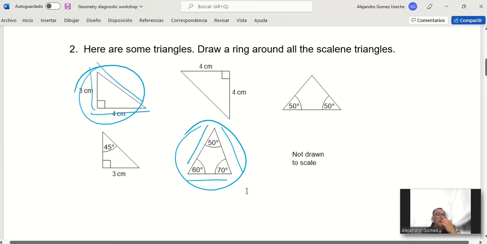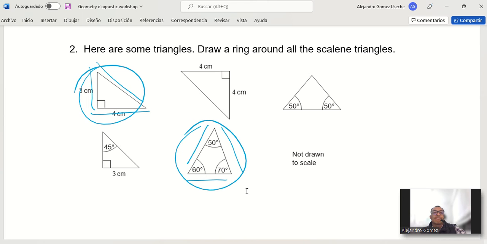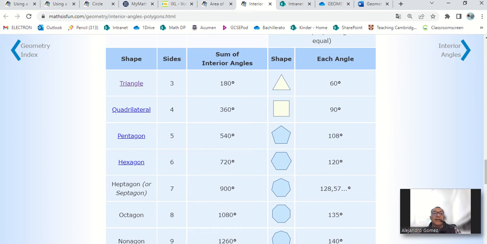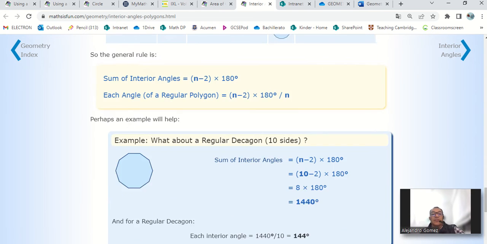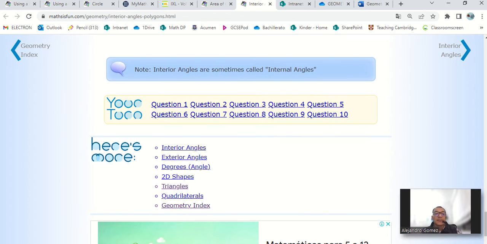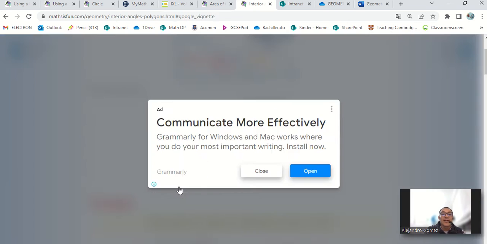Then here is the extra information about triangles. You can also find how to classify triangles if you explore over here. You can see that all of this talks about triangles.